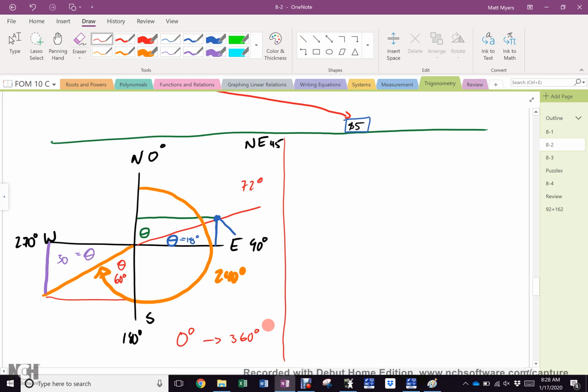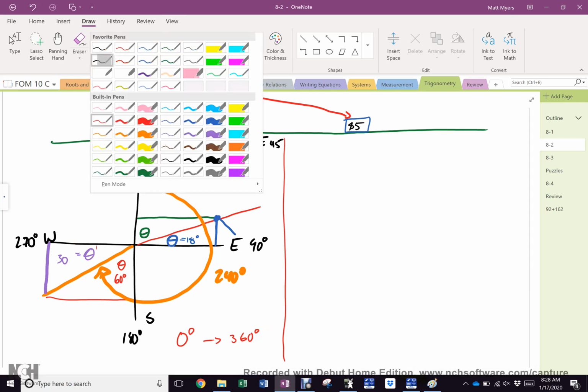No matter what I say, you're going to be somewhere in here, and then you make 90 degrees to do trig with it. Everybody cool?